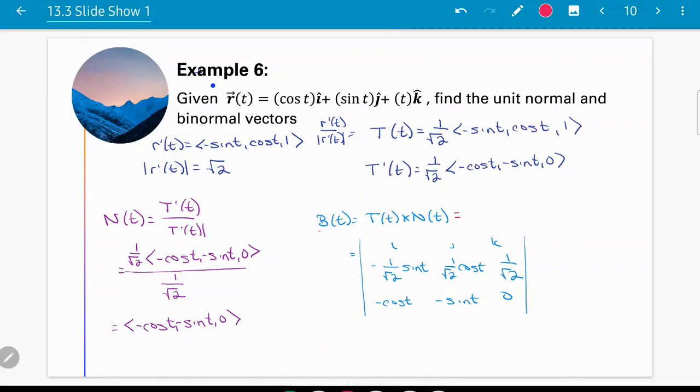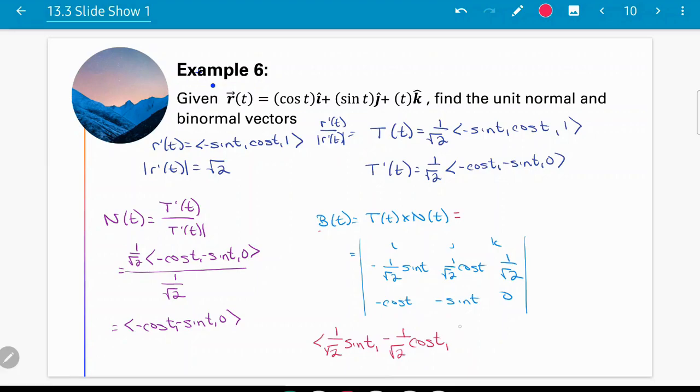Okay, so our i component is going to be 1 over square root of 2 sine t. The j component is going to be negative 1 over square root of 2 cosine t.